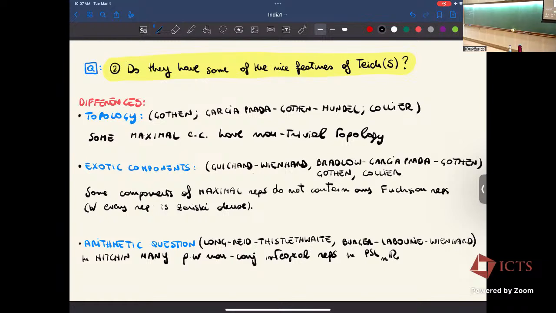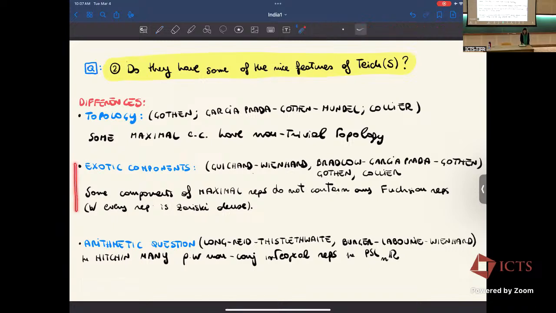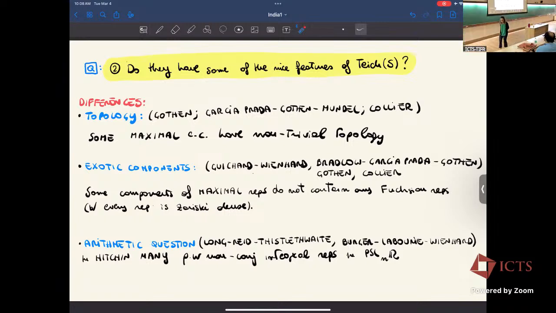For example, the theorem that I will discuss today with my collaborator will not tell you anything about these components, because in our setting we will need the Fuchsian representation in the component to conclude. In the PSL2R case, it's unique up to conjugation.